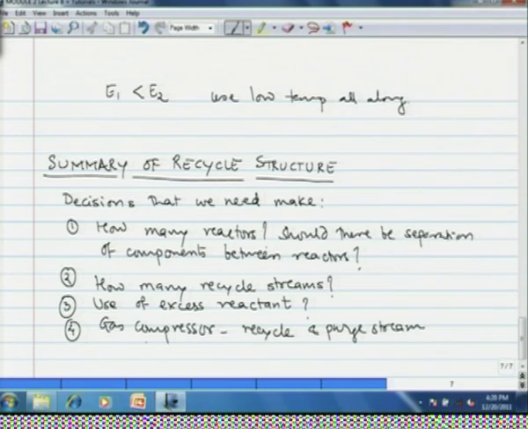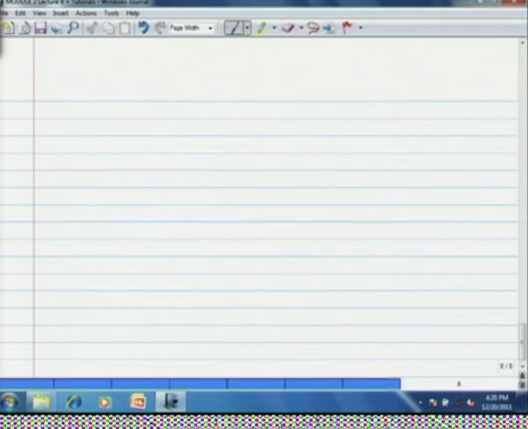Okay. Then we saw the equilibrium limited processes or the processes with equilibrium reactions, and then we saw how to shift the equilibrium conversion for the favorable product. And finally, we saw some basic guidelines of reactor operation.